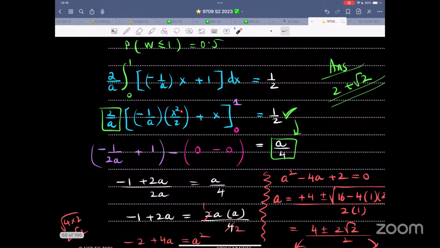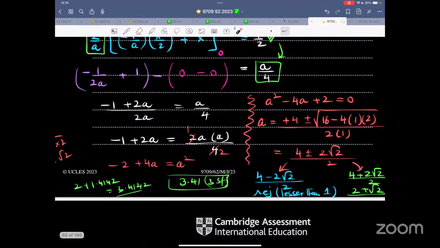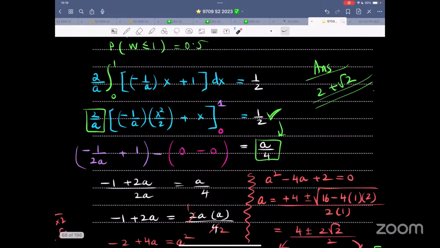I integrated it, so x becomes x square over 2, and 1 becomes x. The limits are 0 and 1. Plug in the upper limit, plug in the lower limit, equate it to this. This 2 over A is taken to the other side. That becomes A over 4. And it's not an easy thing. You are getting answers in the third form. Choose the one that is within the range. So that is the knowledge over here.